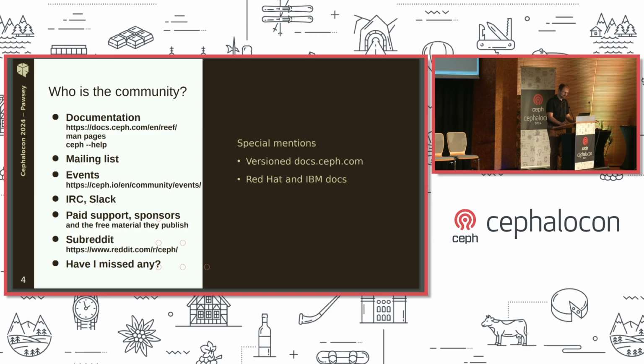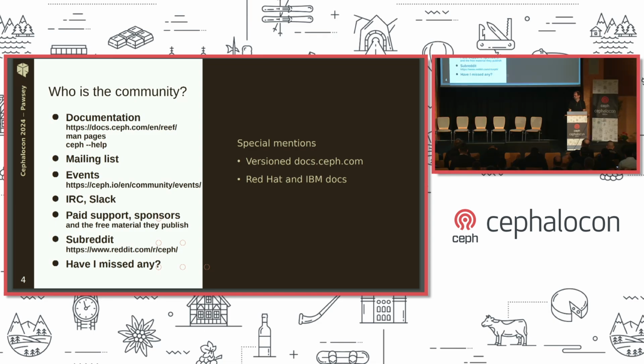The upstream main documentation has a raft of information on getting started, deployment, configuring, troubleshooting, and I now hear there's a new beginner's guide, so I'm looking forward to reading that. It's helpfully published with a version in the URL because we don't run the latest version, so it's easy to switch between versions. The Red Hat and IBM docs are also good for finding information and procedures to augment the main docs.